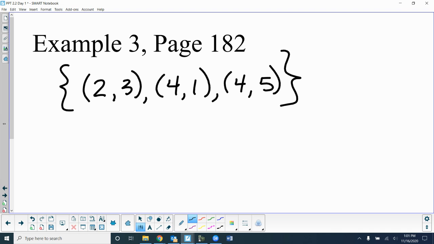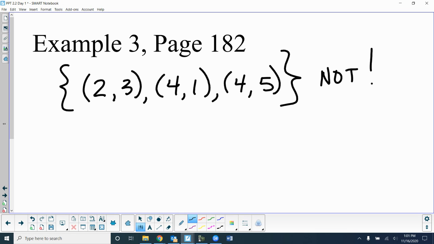No. Why not? This x, the second x, the 4, has 2 different y's, right? That's not a function. All right, so if you see a repetition in the x's when it's listed like that, check the y's, make sure they're different. Like if this was (4, 1), (4, 1), then it'd be okay. But (4, 1) and then a different y, (4, 5), that's not a function.